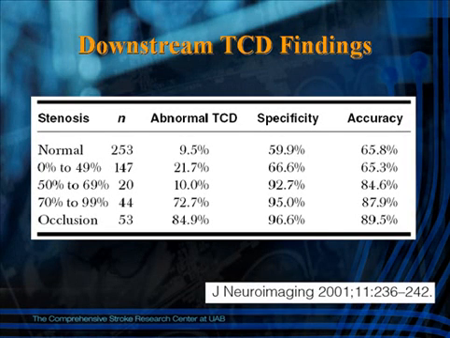That's number one. Number two, it helps refine some of the carotid duplex examinations. For example, if one presents with a false positive carotid duplex study, doing TCD and finding that carotid duplex said 90% but TCD is normal, surely will raise the question how accurate was that carotid duplex examination.